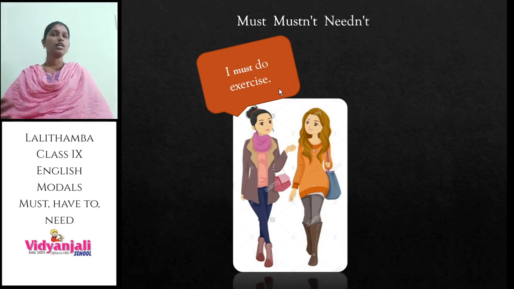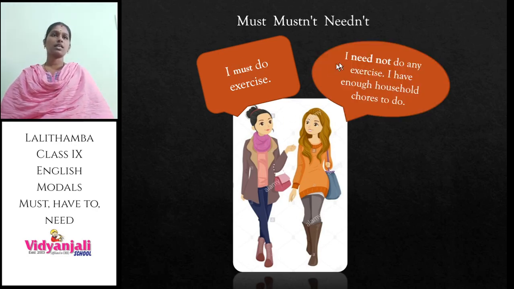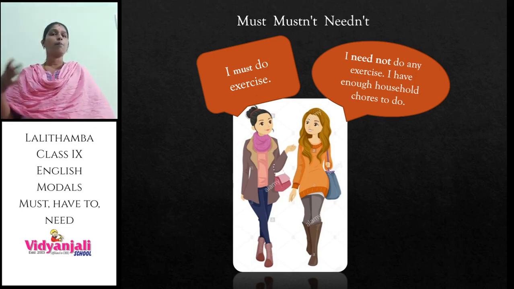The other said, I need not do any exercise. I have enough household chores to do, so that is enough for my fitness. She used need not, meaning it is not necessary for her. But the previous lady told it is necessary for her.